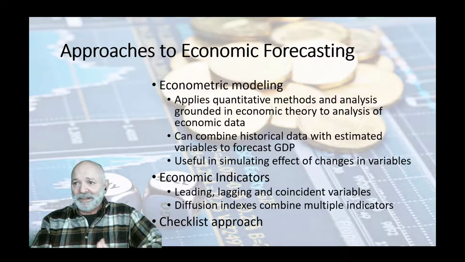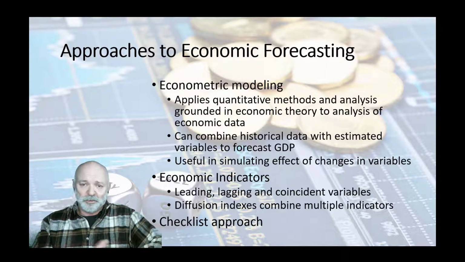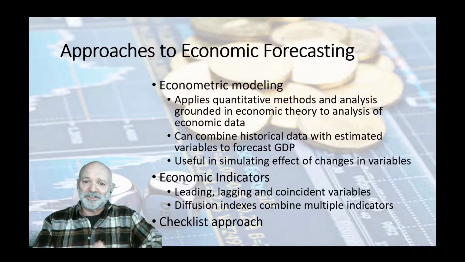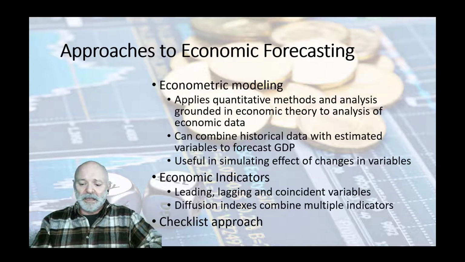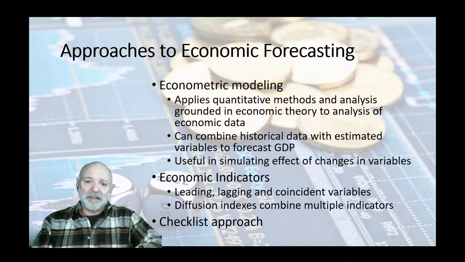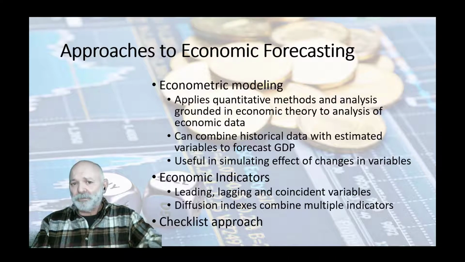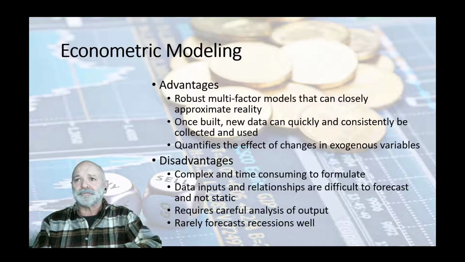Certain economic indicators will be part of this. We'll talk a little bit more about those in a minute. Leading and lagging indicators, coincident indicators, and different indices will be part of that. We'll also take a look at a simpler checklist approach.